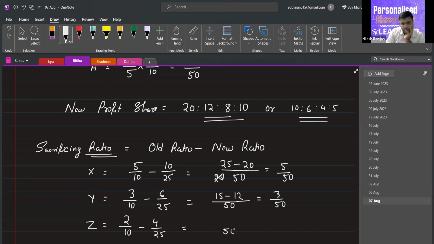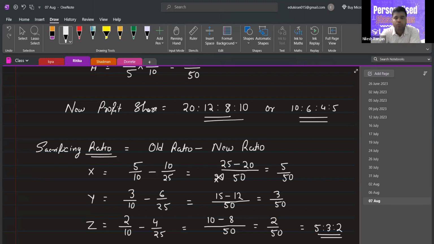And 50, 10 minus 8, so it will be 2 by 50. Now you can see the sacrificing ratio is also equal to 5:2. Okay.